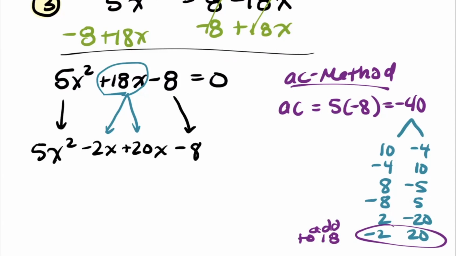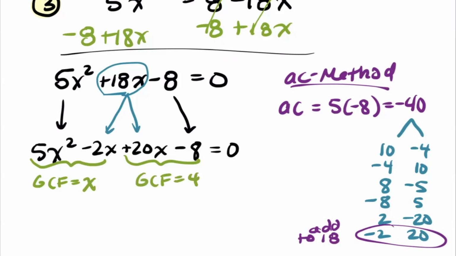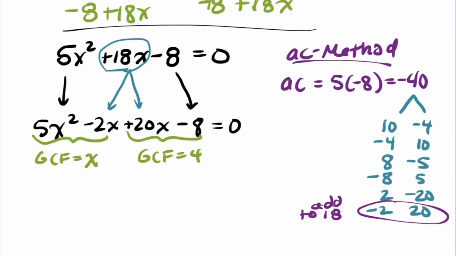Then the 5x squared and then -8 just come down and remain. Now what we've done is split this up into 4 terms. So we do factoring by grouping. The first 2 terms have a GCF of an x, and the second 2 terms have a GCF of a 4. So with grouping, we take out the GCF within each group.